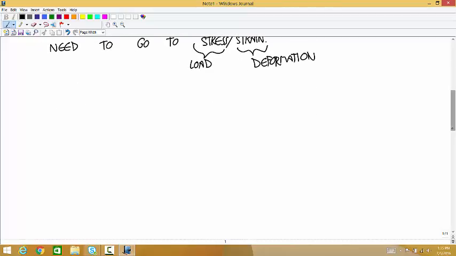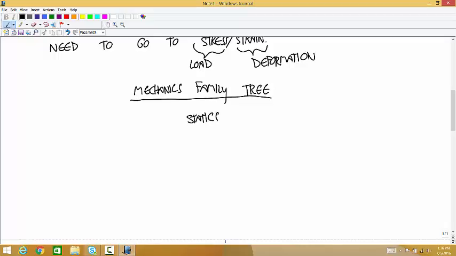Okay, let's talk about where deform is in mechanics family tree. Let's say everything starts with statics. That's most people's first class in mechanics. And from there you can go in two directions.